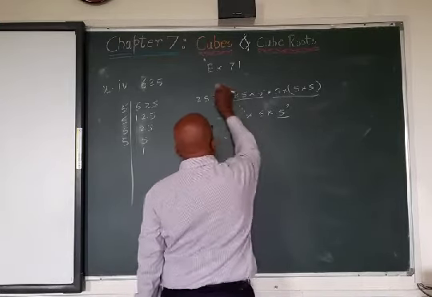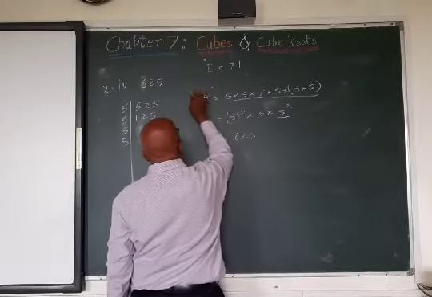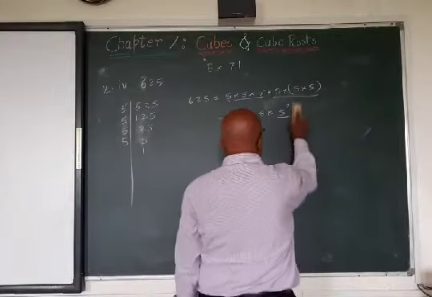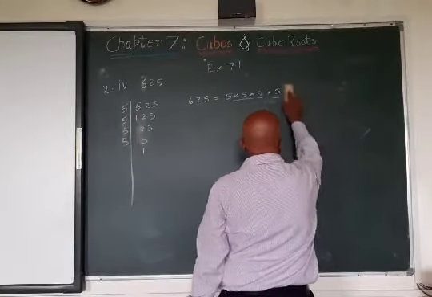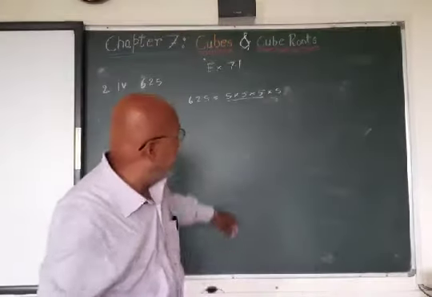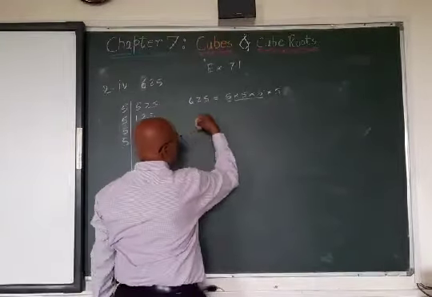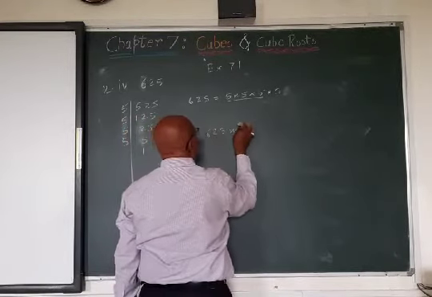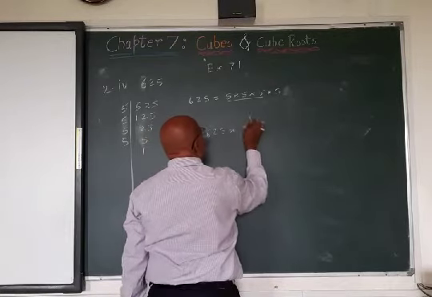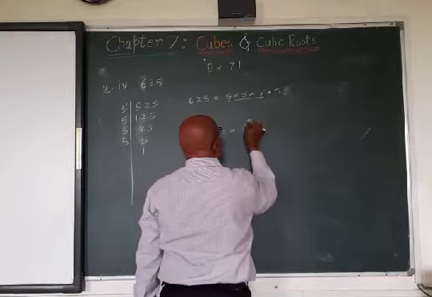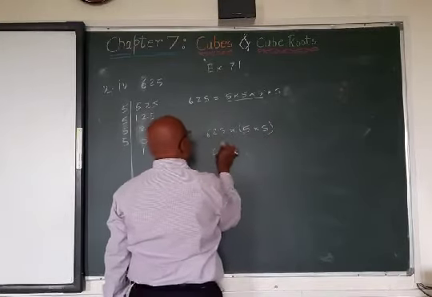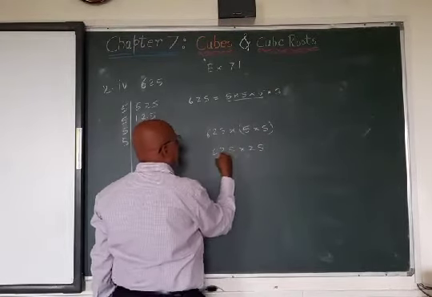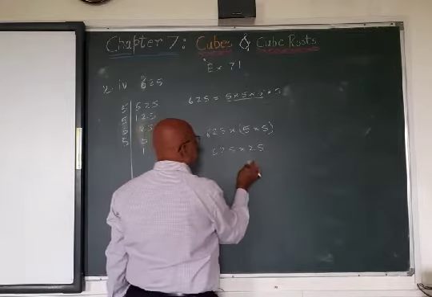625 and here 625. Now only 5 remain here. So to get a perfect cube, you have to multiply 625 into 5 square, 5 into 5, equal to 625 into 25.